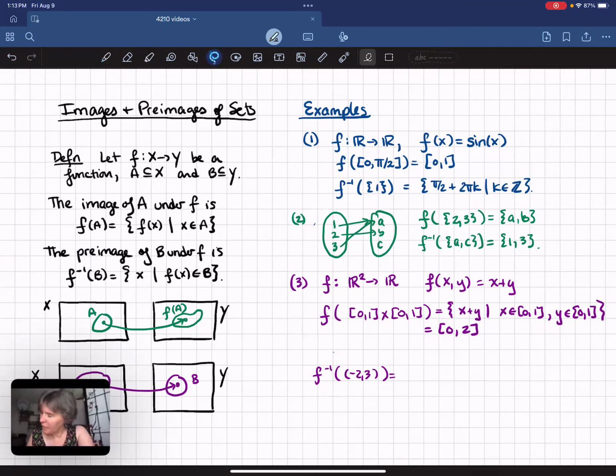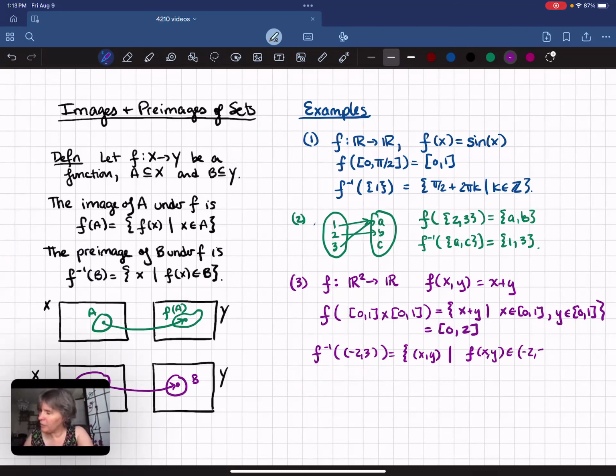Now let's look at the inverse image of the open interval from -2 to 3. So let's use the definition of pre-image from right here to write down what that would be. This is the set of all x comma y such that f of x comma y is an element of the open interval (-2, 3).